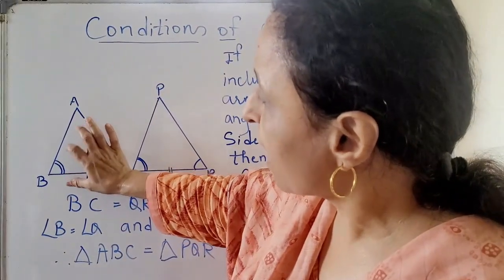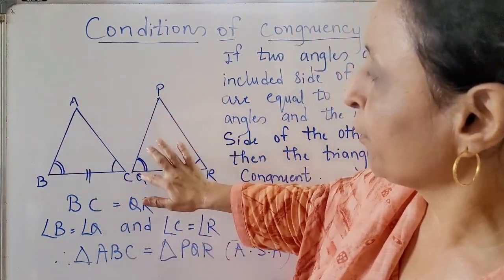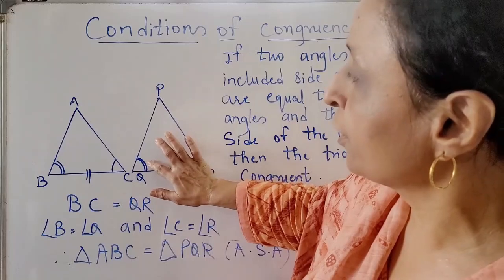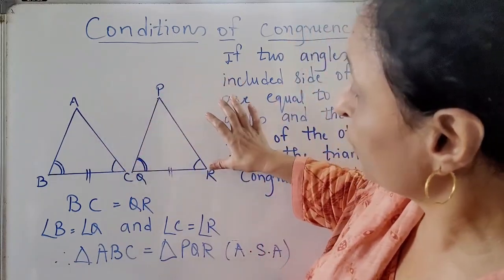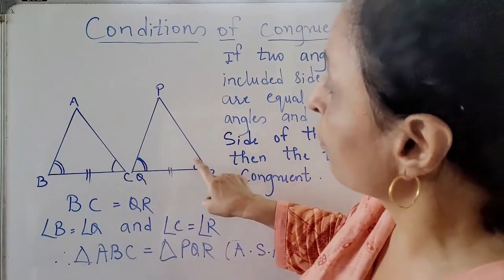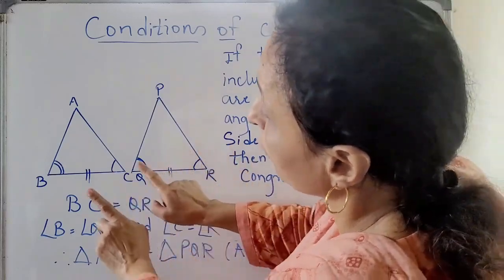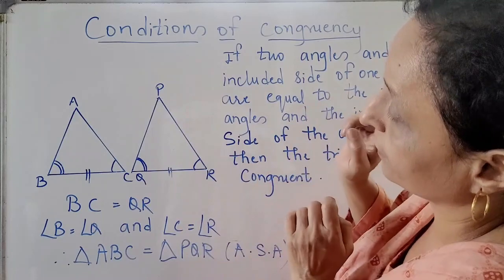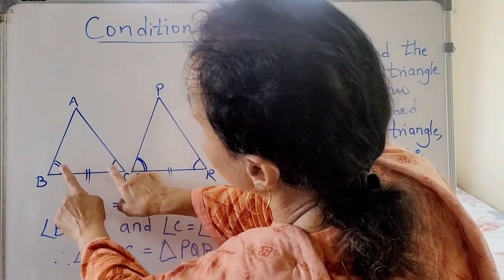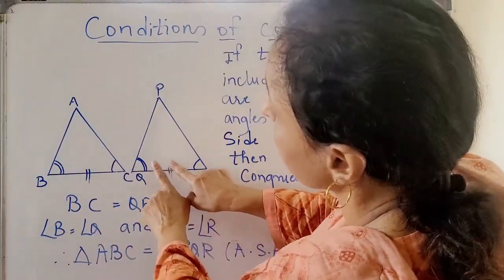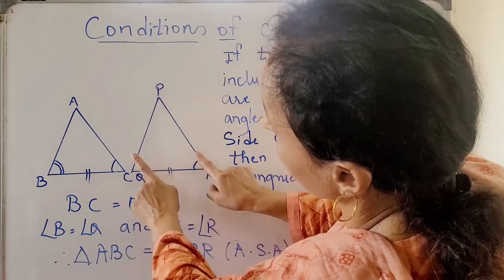Now, this angle is equal to this angle of the triangles ABC and PQR. Angle B is equal to Q, and angle C is equal to R. Two corresponding angles are congruent, and the included side, the side in between these two angles, is equal to the corresponding side of the other triangle.